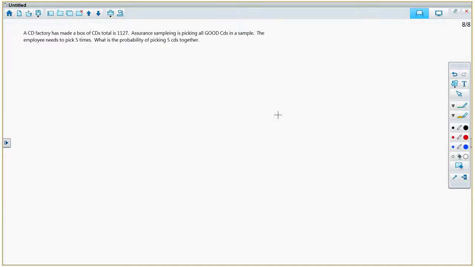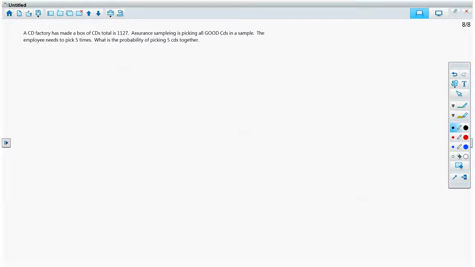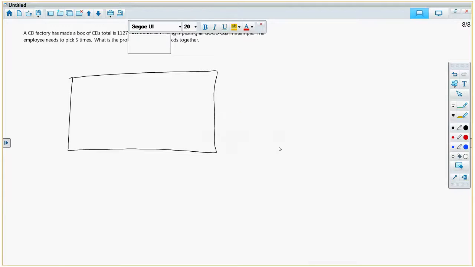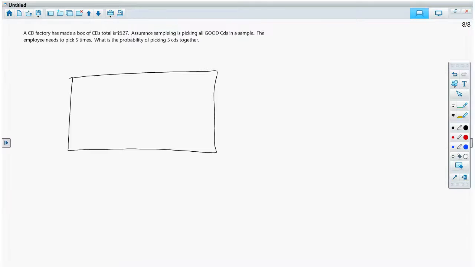So what do you do? Well, you get a total. I usually tell students, draw a box. Oh, quality assurance also tells you one more thing. They tell you that 227, by quality assurance in the past, 227 are bad. They have to tell you that. I'm sorry.